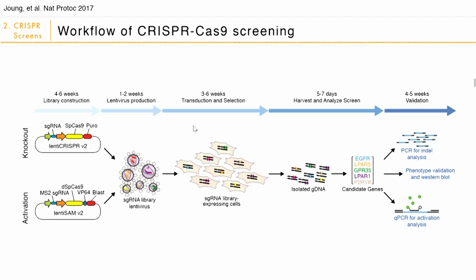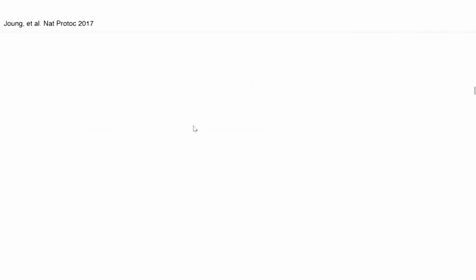And then you apply a screening selection to your pool of cells, where you then enrich or deplete the cells with a perturbation of interest. And then at the end of the screen, you isolate the genomic DNA. And based on the guide distribution in this genomic DNA, you can then select candidate genes for validation. So now I will go into detail about each of the steps.